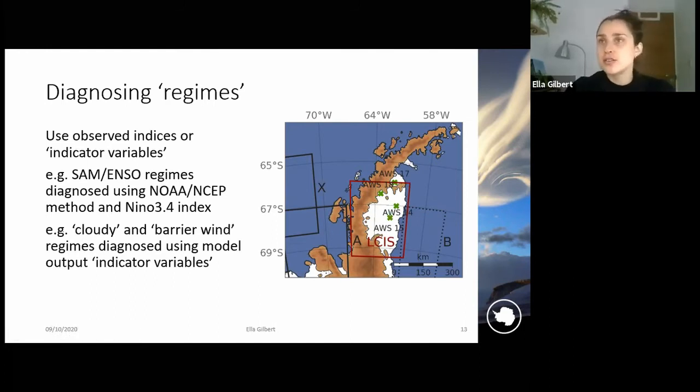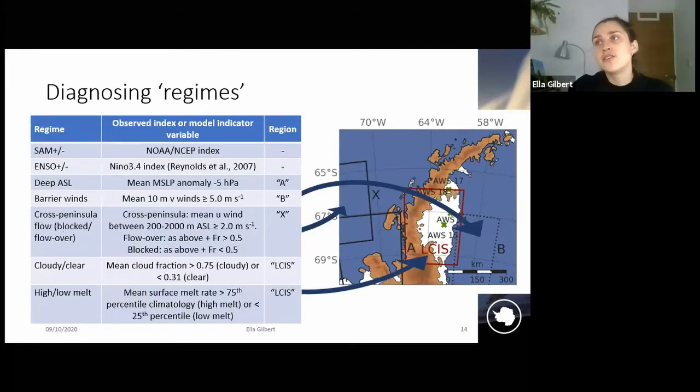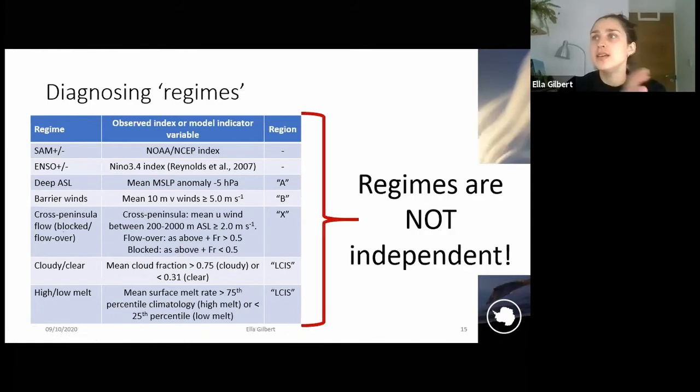And I've got quite a few regimes, there's a long list, and I do a similar methodology for each of those. I'm looking at things like cloudy versus clear conditions, cross-peninsula flow, which is indicative of Fern winds, more on those later, barrier winds, high and low melt, all of these things, and they're summarized in this table here.